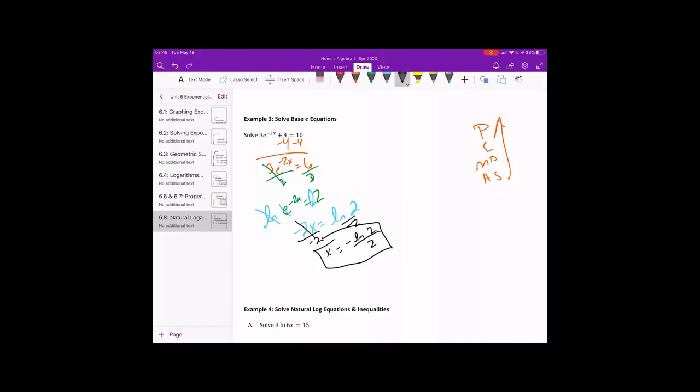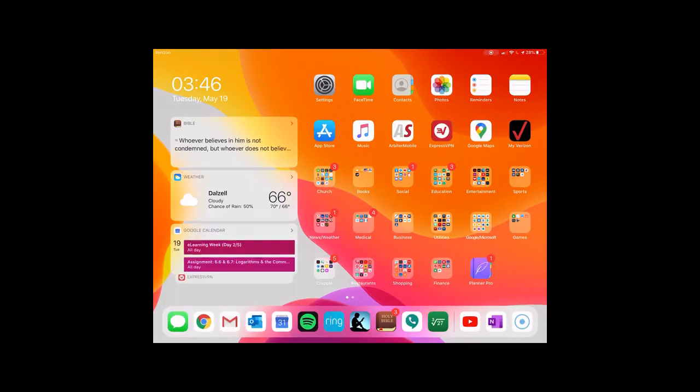We could go into our calculator and find what the natural log of 2 is. And so we'll do that real quick. And so we'll get the negative natural log of 2, close parenthesis, divided by 2, and we'll see that our answer is negative 0.347.